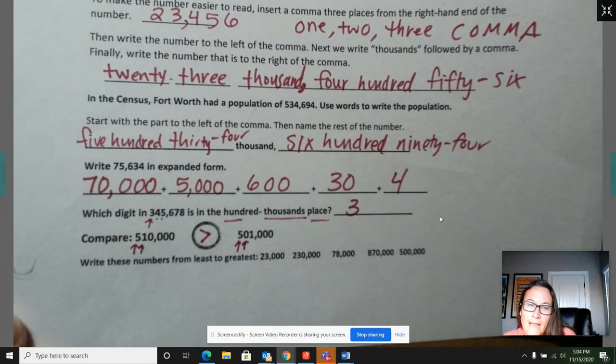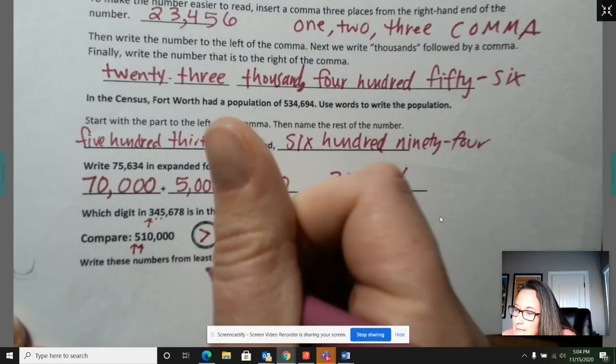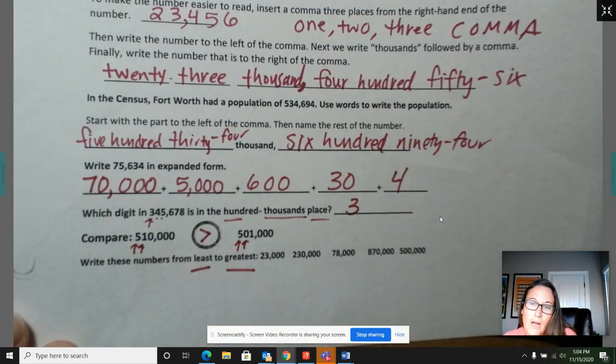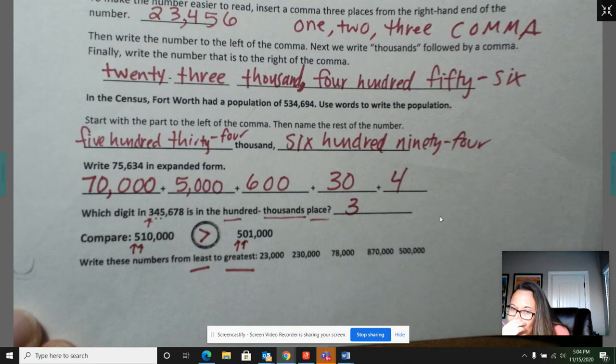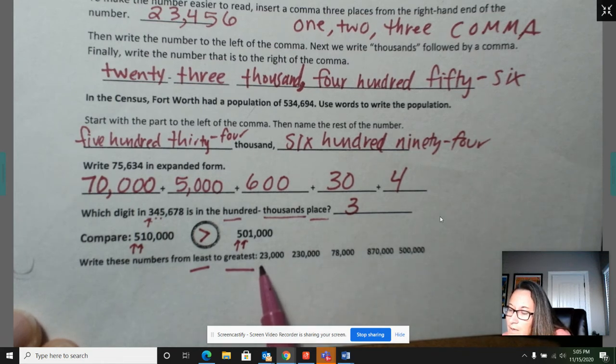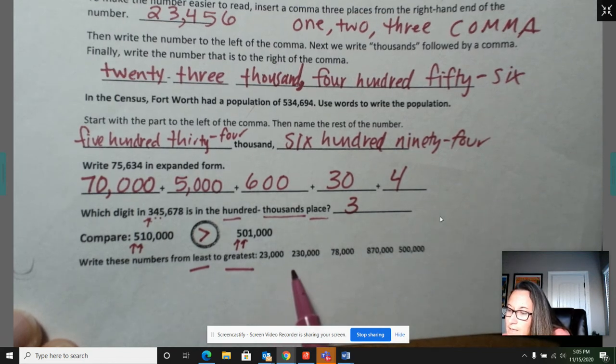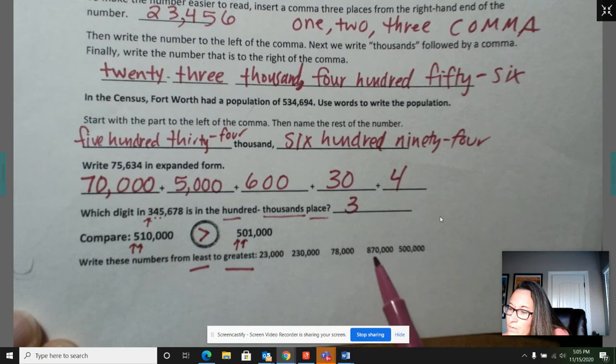All right, and our last thing says write these numbers from least to greatest. So smallest to biggest. Well, I'm first going to look at how many places I have. So this one has 10,000s. 1, 2, 3, 100,000s. 1, 2, 10,000s. 1, 2, 3, 100,000s. 1, 2, 3, 100,000s again.